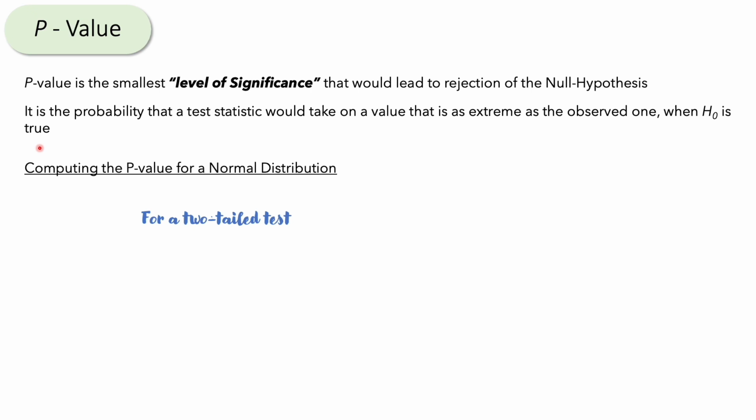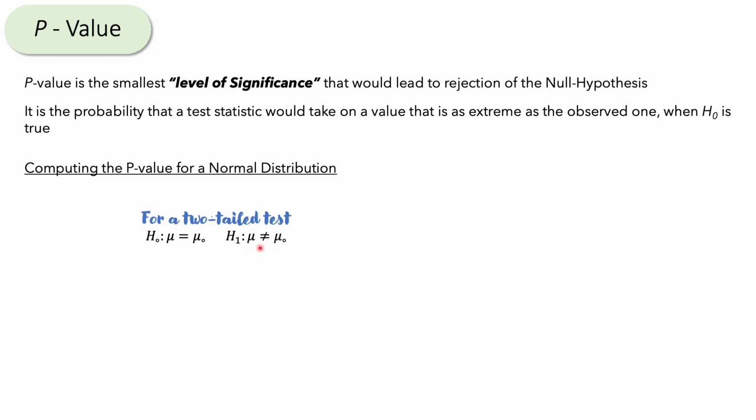For a two-tailed test, or two-sided test, the null hypothesis says that mu is equal to mu naught, where we are symbolically representing the value of mu with mu naught, and the alternative hypothesis is mu is not equal to mu naught.